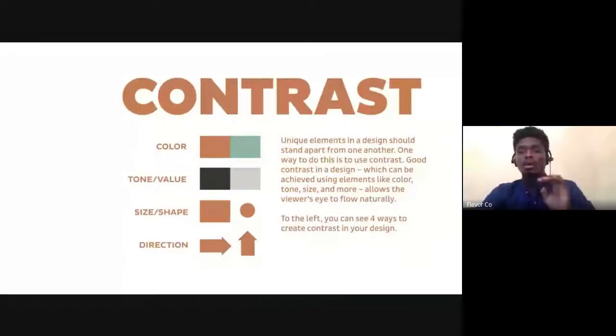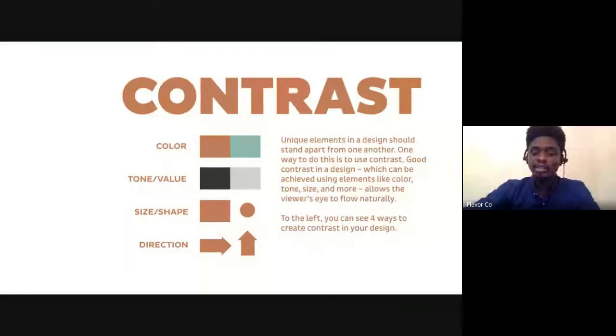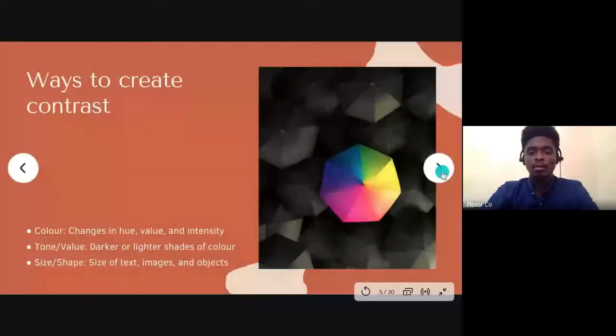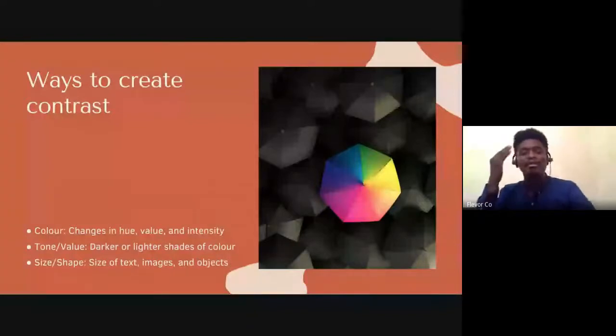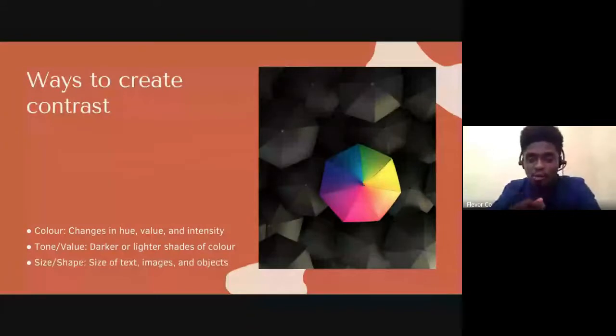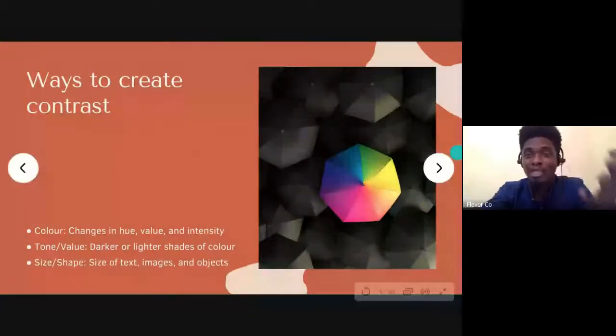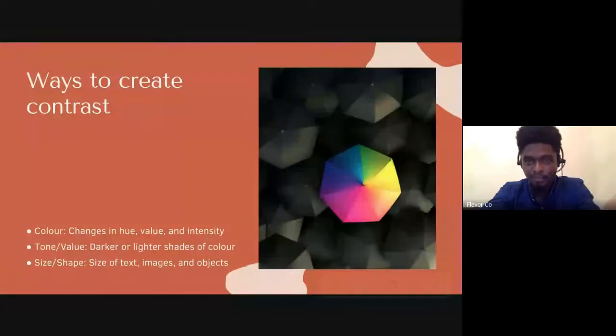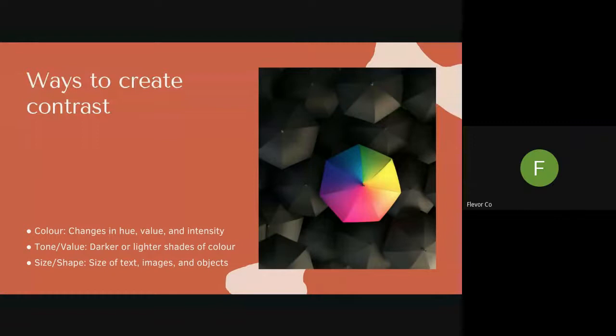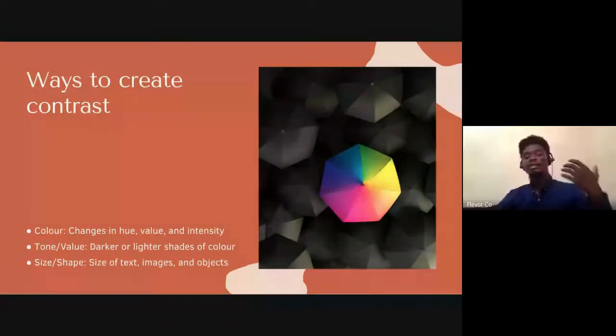Let me give you a good idea of how contrast works. When you see this picture, without a shadow of a doubt, the colored image pops up in your face. That's a conscious attempt by the designer to ensure that you see that first. Remember what I said, design is to communicate.